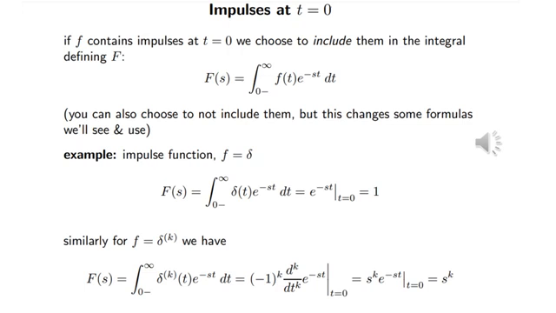So when this has got 1, the integration comes out to be 1, and we have got the solution for the impulse. Similarly, for the function delta t raised to the power k, which is the kth derivative, that can be translated in terms of s raised to the power k, where k is the kth derivative of the delta function.